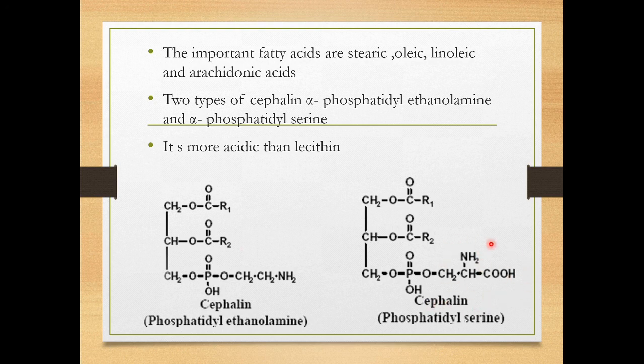So this is a serine amino acid linked here. This one is a serine which is linked to the phosphoric acid or phosphate group. And this is the ethanolamine linked to the phosphate group.